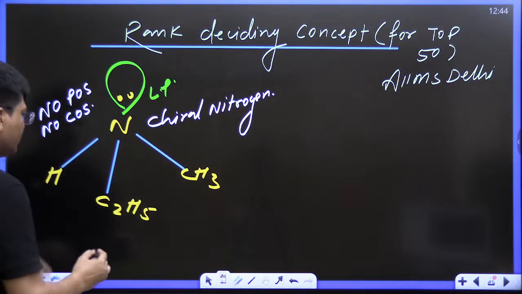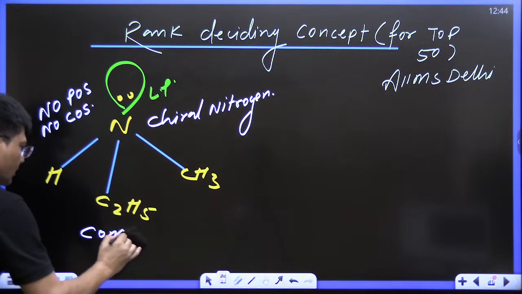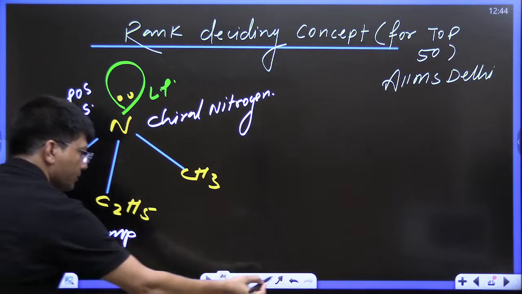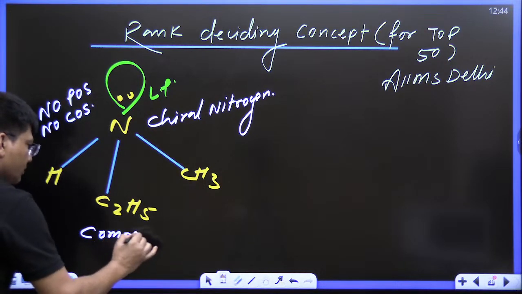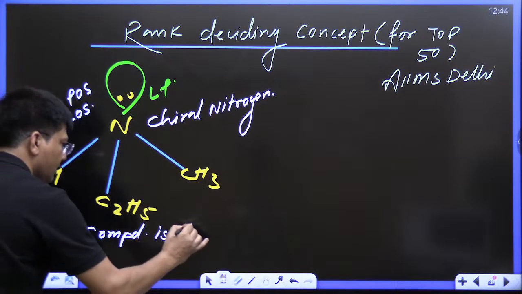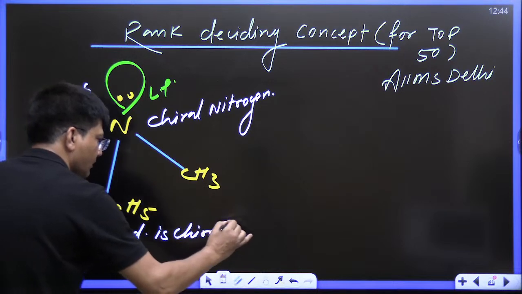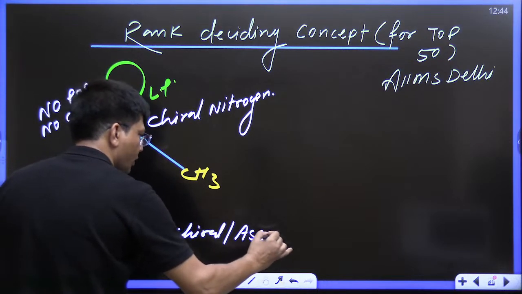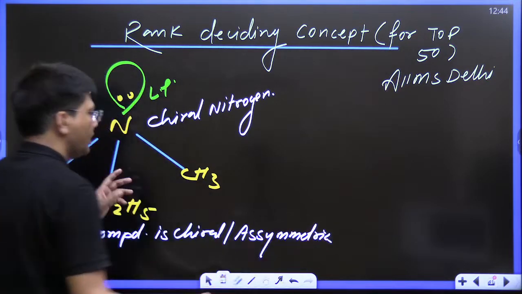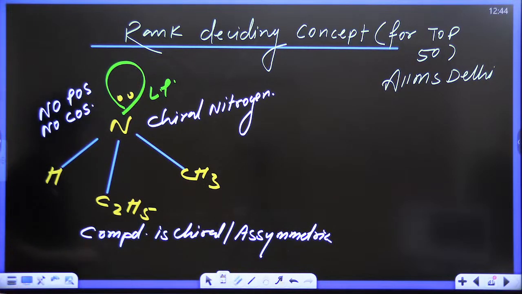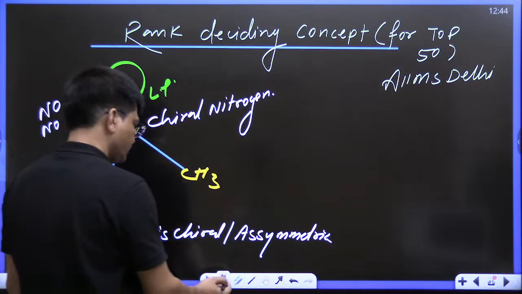So this compound is optically active, chiral, asymmetric. Now kids, what do you think? Will it show optical isomerism? What's your answer?